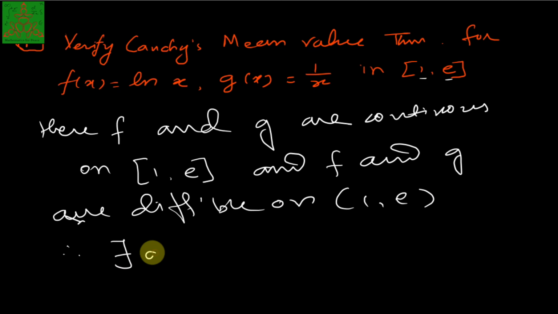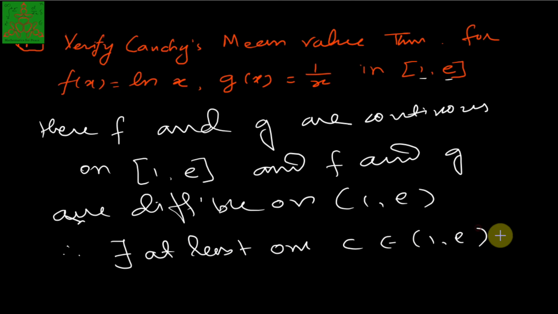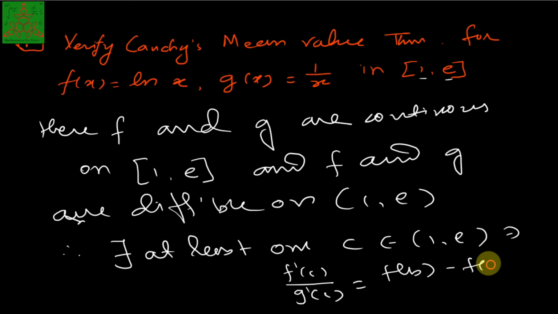Therefore there exists at least one c in (1, e) such that f dash of c upon g dash of c is equal to f of b minus f of a upon g of b minus g of a, where b is e here, so it is f of e minus f of 1 upon g of e minus g of 1.